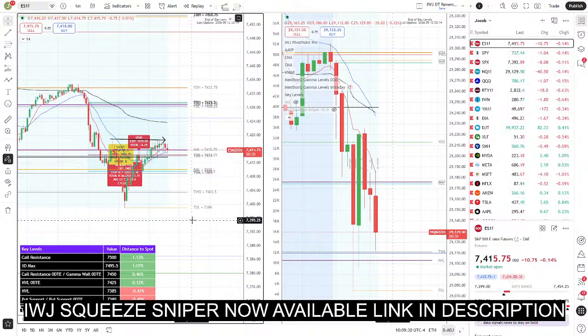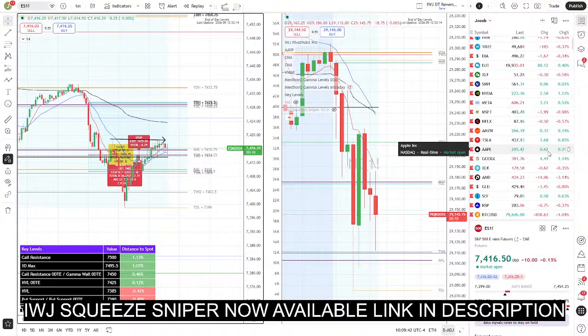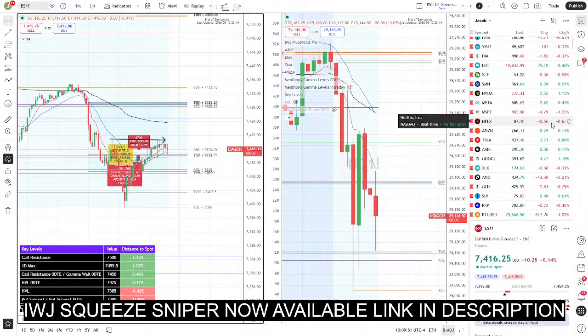SMH has turned red. That is probably weighing heavy on the NASDAQ. Let's see what the Mag 7 is doing. NVIDIA green, Meta green, Microsoft red, Netflix red, Amazon flat, Tesla green, Apple flat. I mean, they're slightly green. Google green. So you are seeing AMD coming down pretty hard. Semis are red now.